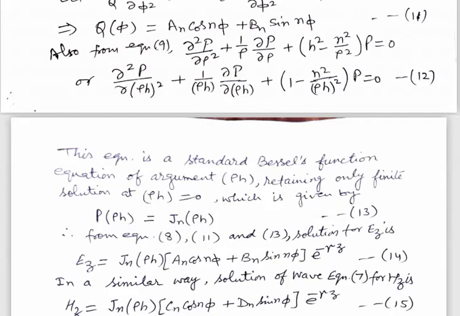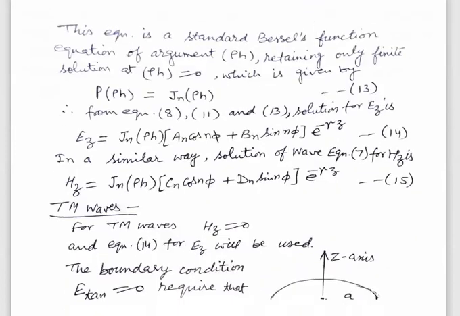In its solution, if we retain only the finite part, then the solution of equation number 12 is given by p of rho h equal to Jn of rho h, where Jn is a Bessel function of order n of the first kind. We have considered here only the real part.